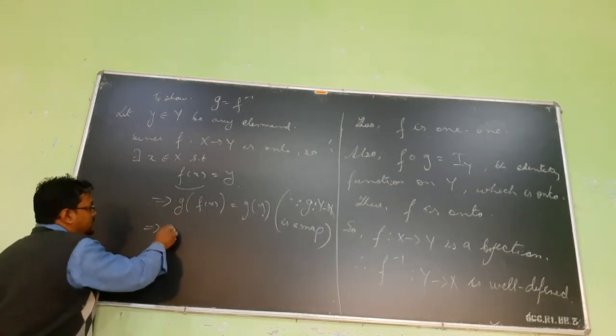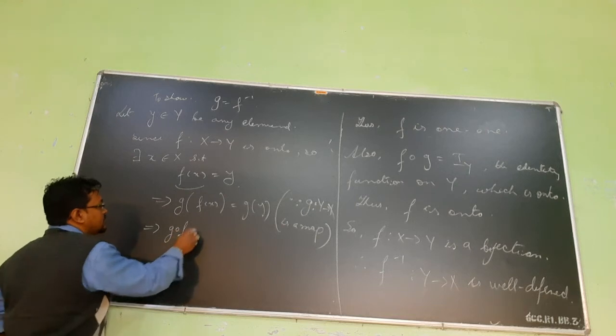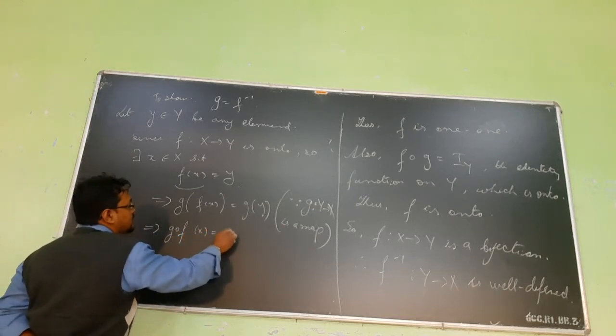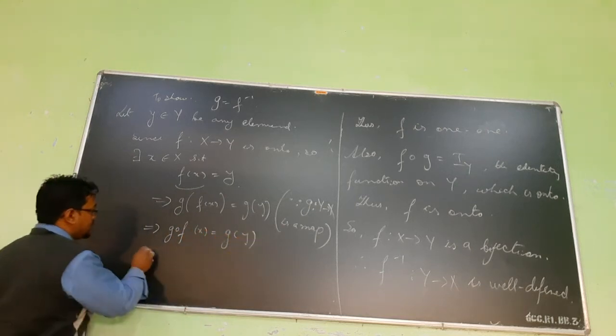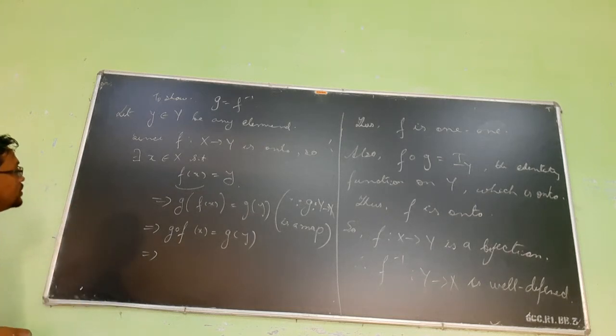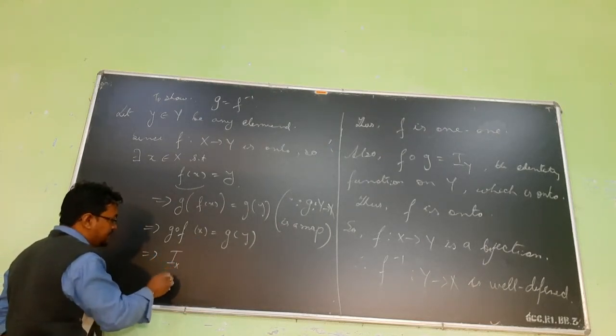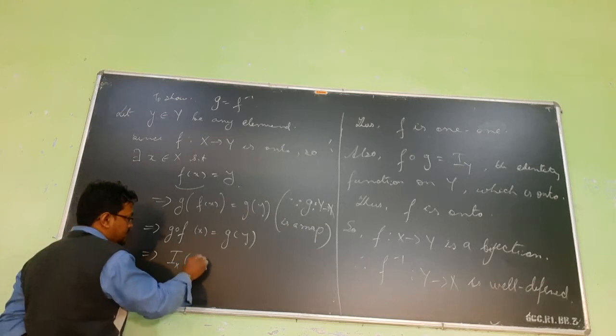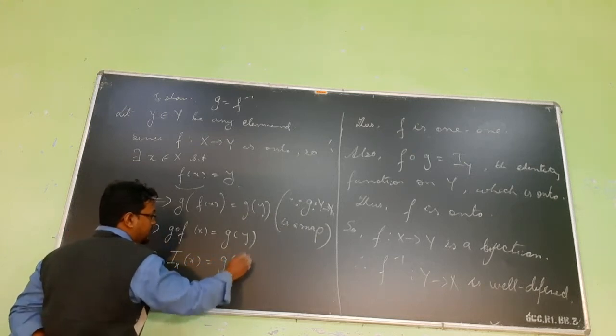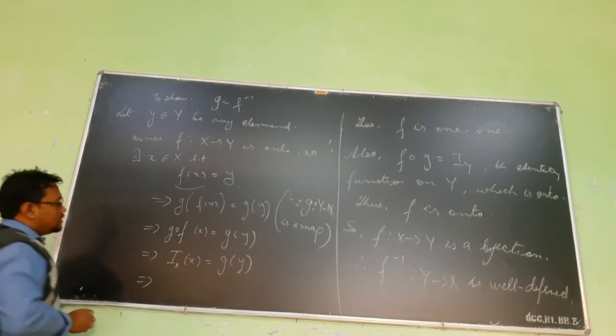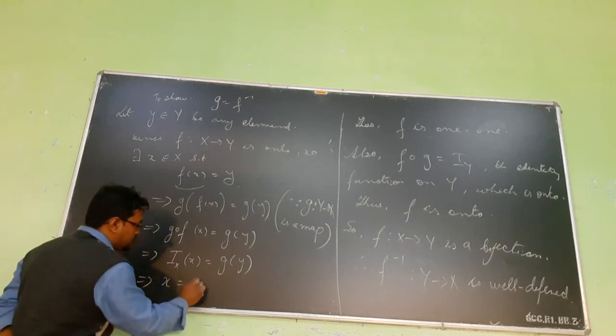So from here, GOF of x is same as g of y. But what is GOF? GOF is just the identity function. So I_X of x is equal to g of y. That means x is equal to g of y.